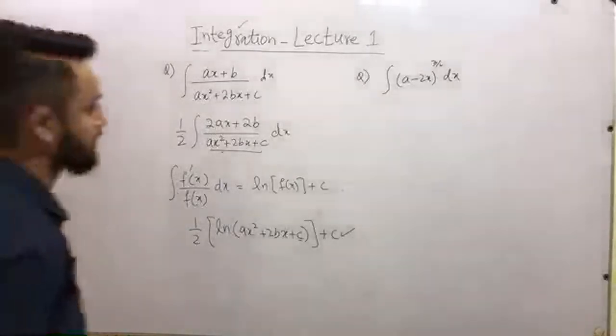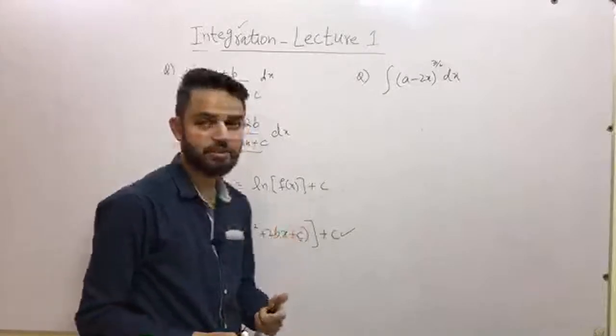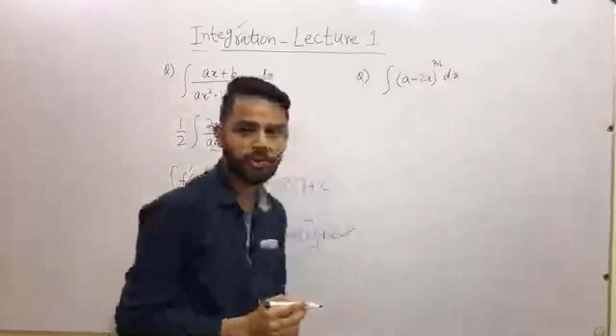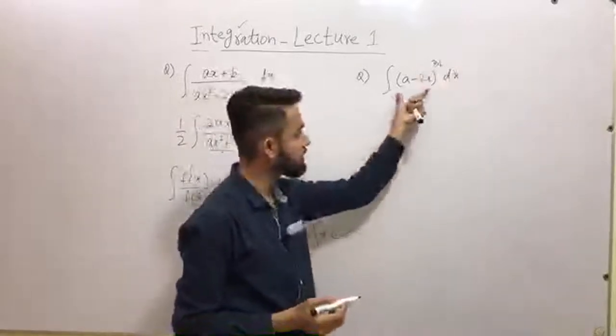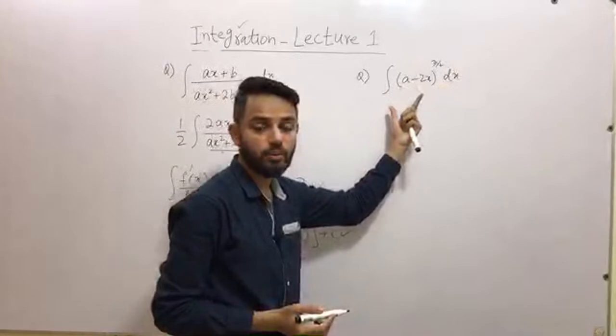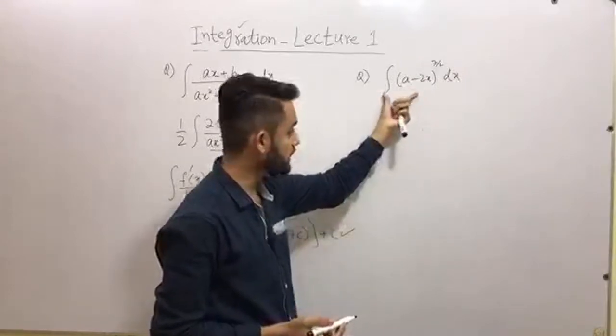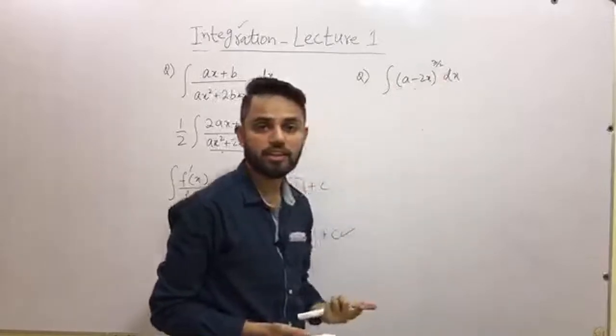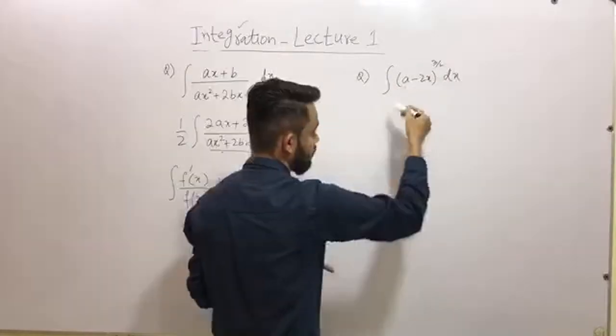Okay, the moment when I started this stream, I told you that you have to ignore or exclude the power, and then take the derivative and think about what the derivative of the function is. If the derivative of the function is present over here, then you can always apply the power rule. Now we know a is a constant, and how do we realize that?